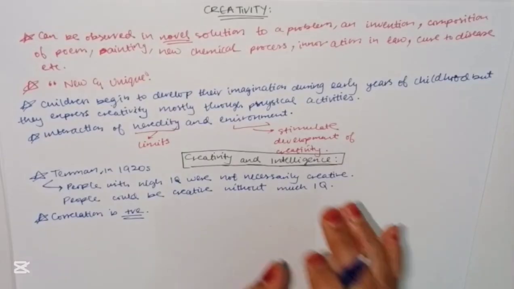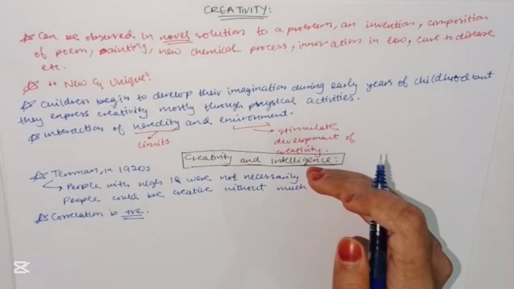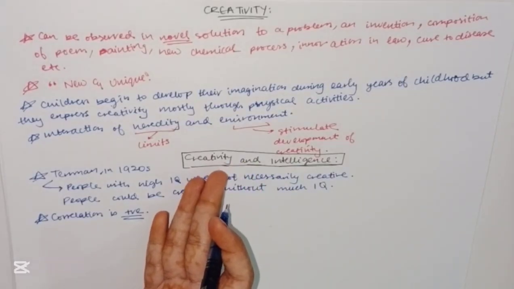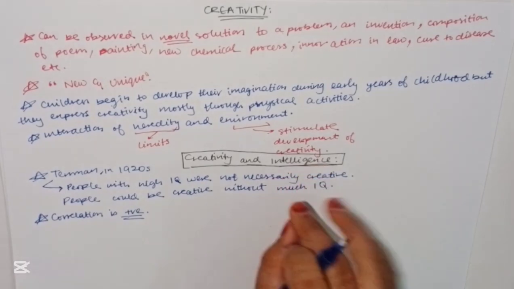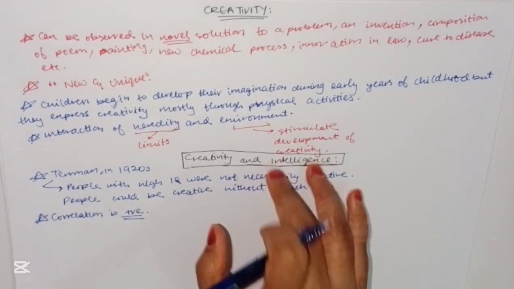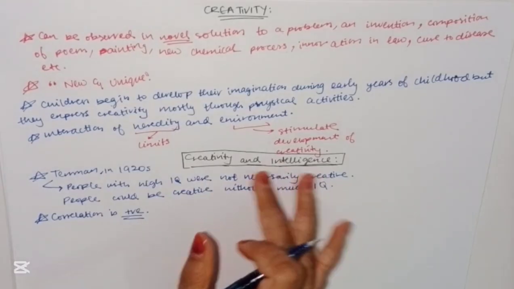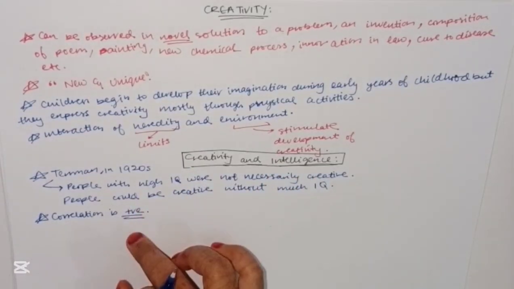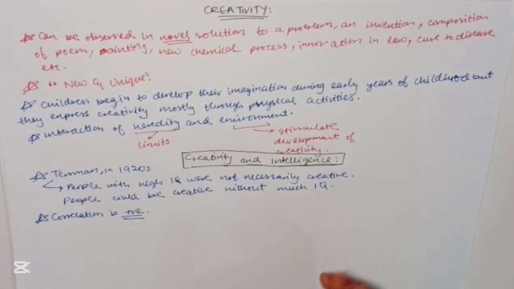For example, zero intelligence would not lead to creativity. If you have at least a little bit of intelligence, you can be creative. So there's a minimum amount of intelligence needed for creativity. That's why the correlation is positive. It would be negative if no intelligence could also lead to creativity, or vice versa.